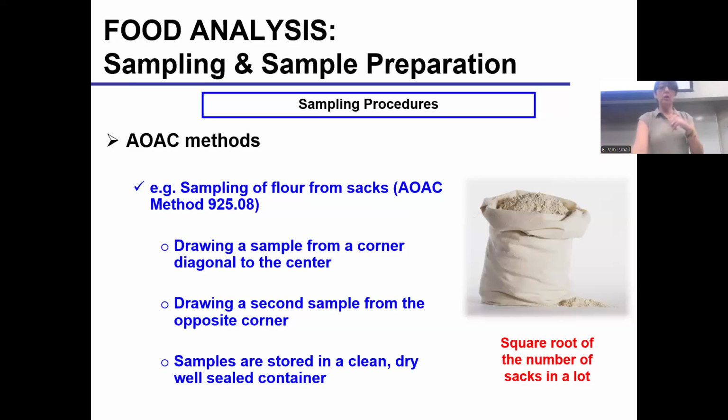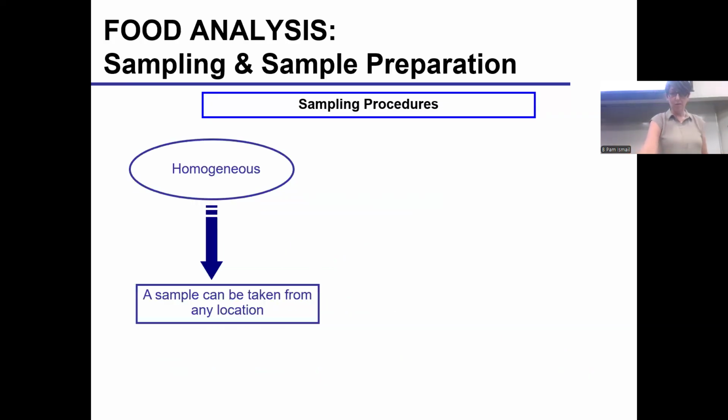And then you store them in a clean, dry, well-sealed container for later analysis. And that is the official method for sampling flour. That's an example. So again, there will be a specific way of sampling depending on the product. You will know that through references later on if you have to determine that.